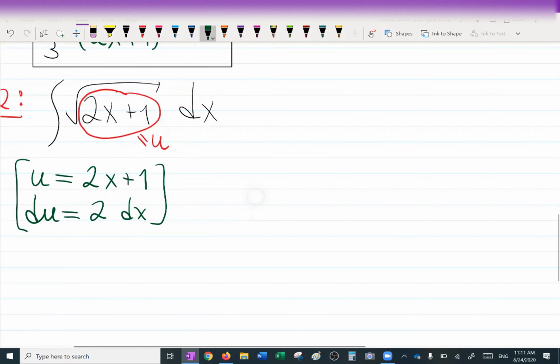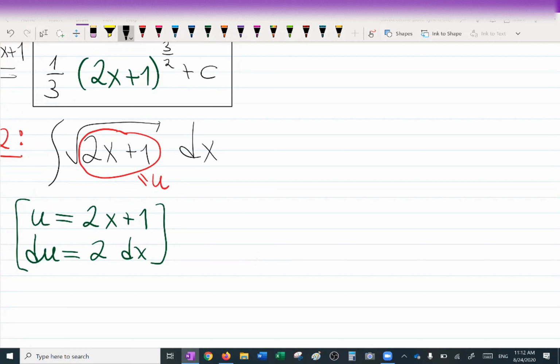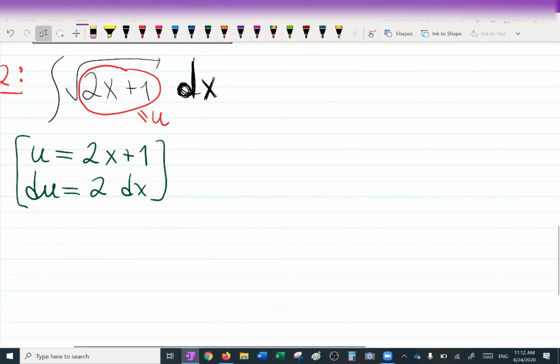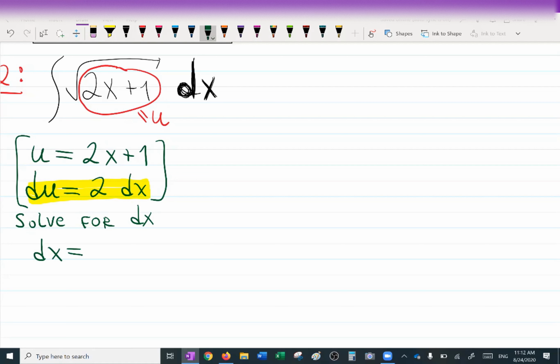Now, I do have u there, but I need to find dx. In way 1, I made dx match with du by multiplying by 2. But if you don't like doing that, you literally solve for dx, the second part of these brackets. So dx is du over 2, or 1/2 du.